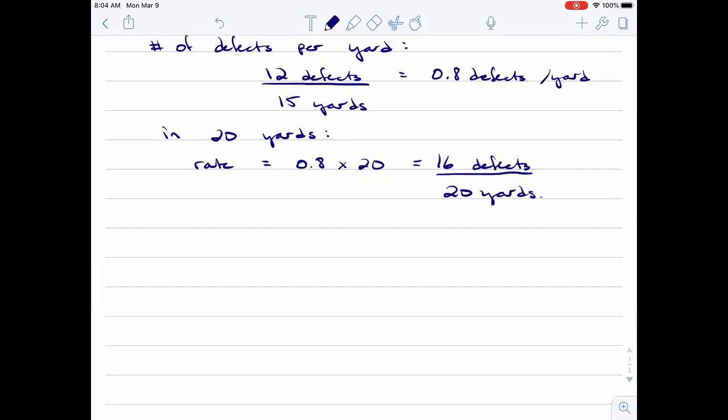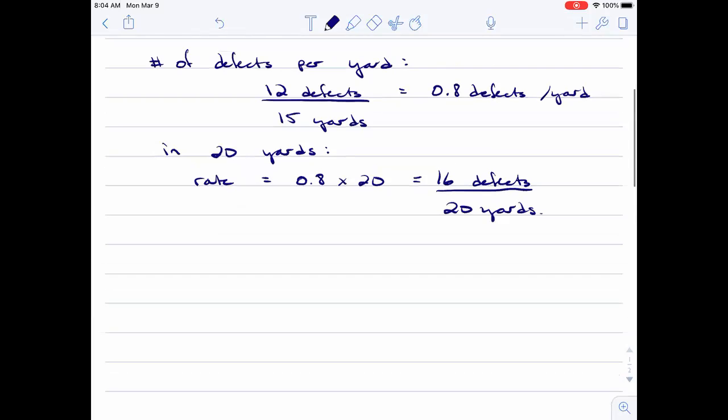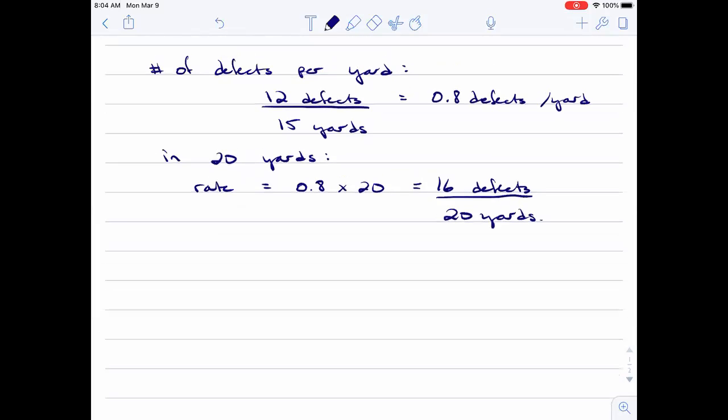Oh, hang on. No, 0.8 times 20 is 16. Yeah, we have the same rate. So our rate is going to be 16 for every 20 yards, right? 16 defects per 20 yards. So that's your rate that you're going to use.